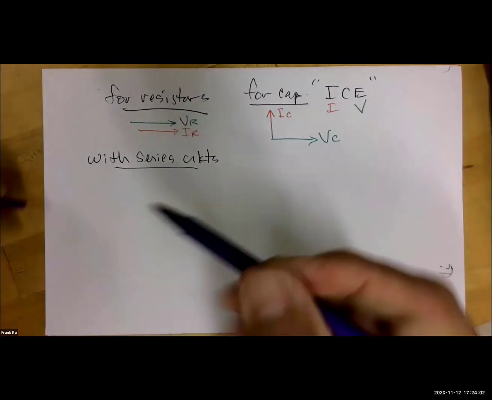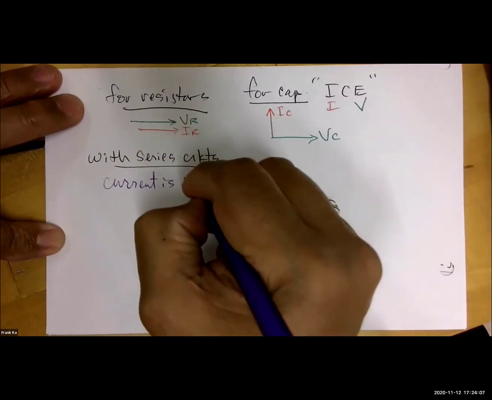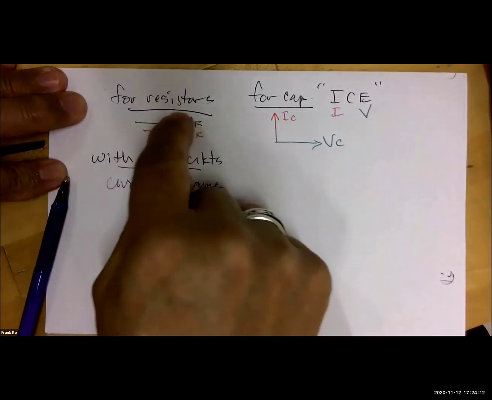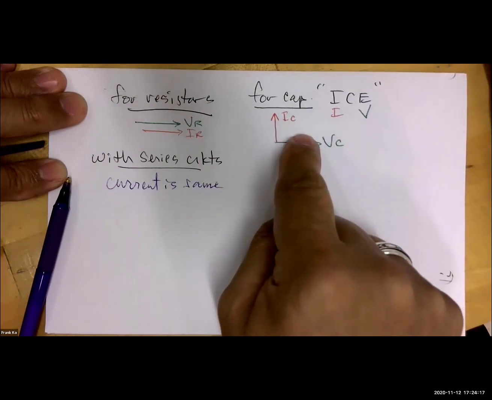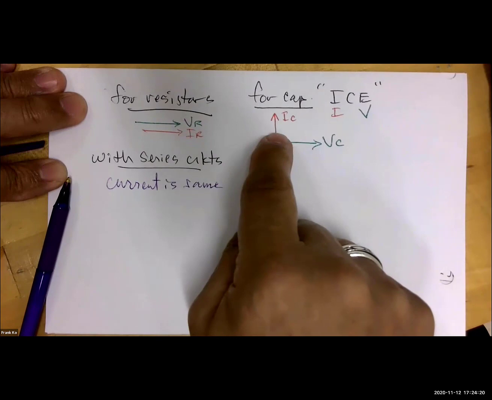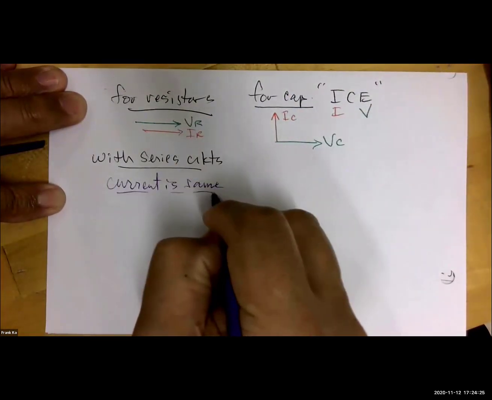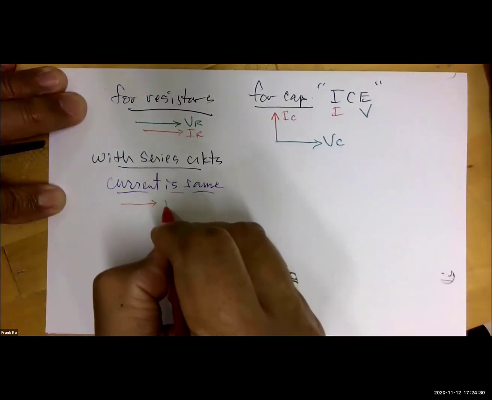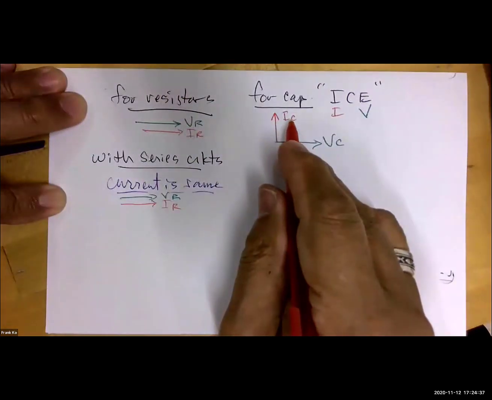So when I combine this set of phasors with this set of phasors, I have to align my red phasors in the same direction, because current is the same. So when I put these together, watch what happens. I have an IR that has to go along with a VR, but I have to align it with IC.